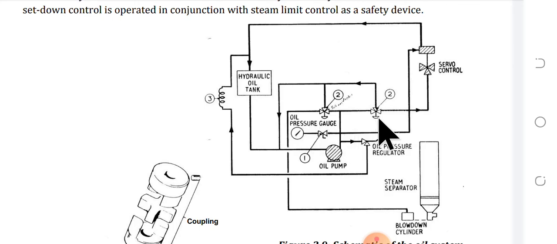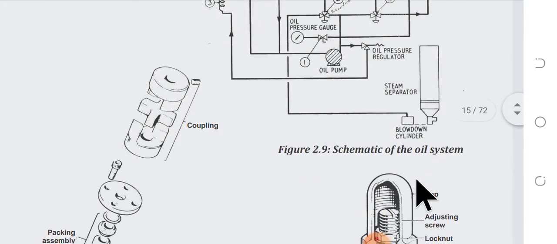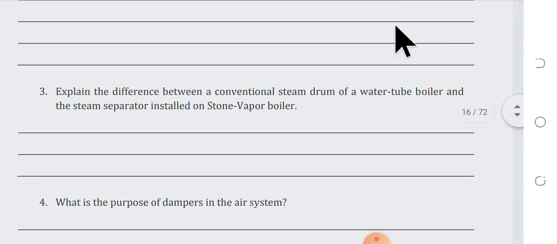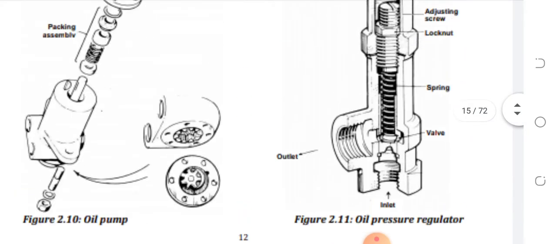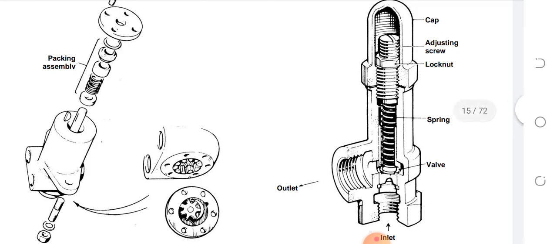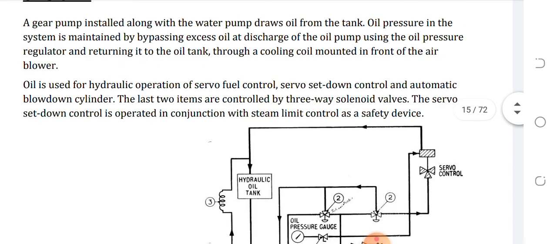Then it goes to the servo control mechanism that controls the oil fuel ratio, controlling the amount of air and gas for accurate burning as per our requirement. This is the oil pressure regulator. It regulates the pressure of the oil.